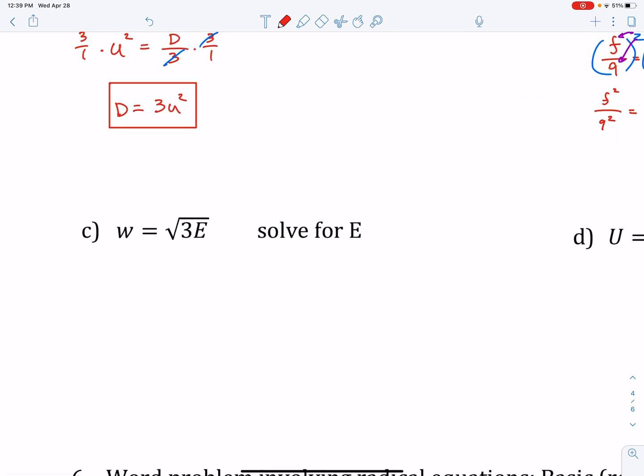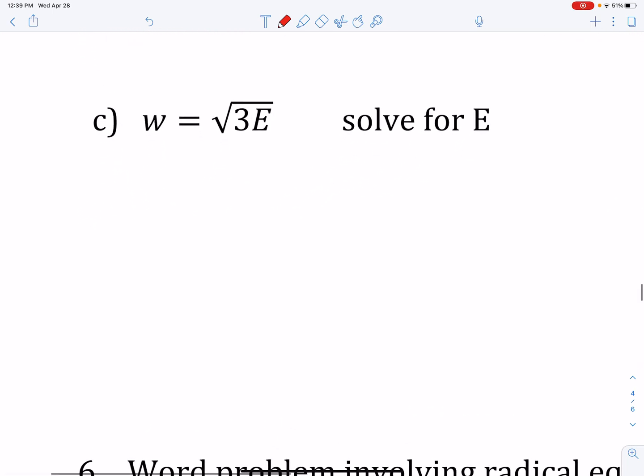Okay, letter C here. We want to solve for e. Well, I need to be able to isolate this e, so I need to get rid of this square root sign. So you should be thinking, I got a square. You want to create it to the power of 2. W to the power of 2.